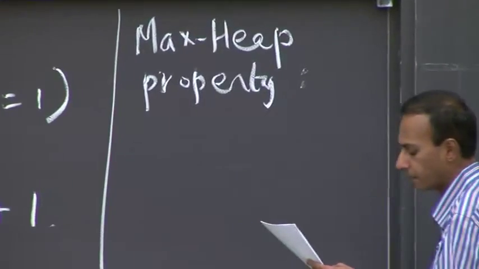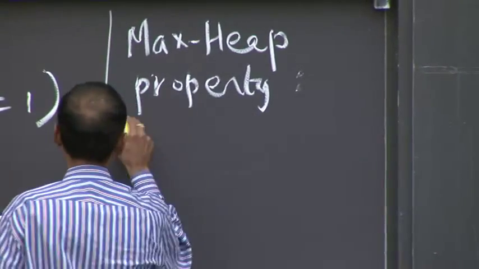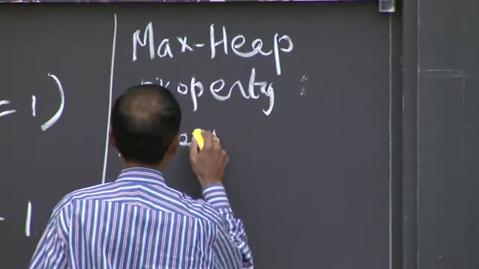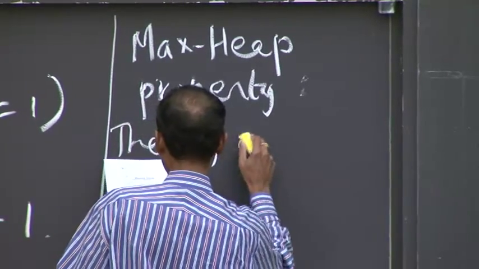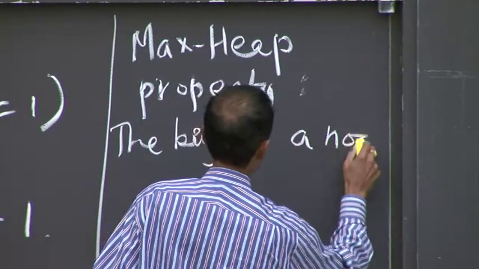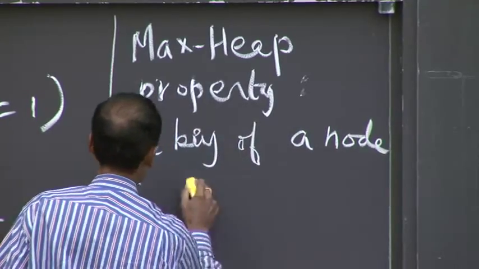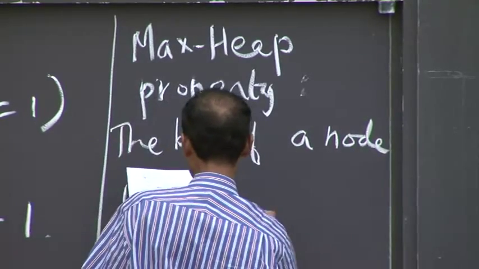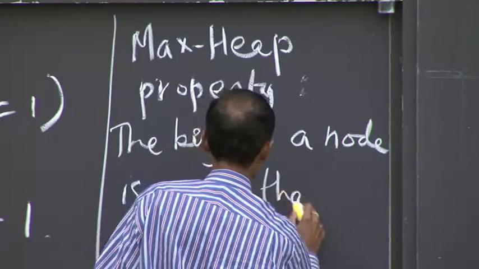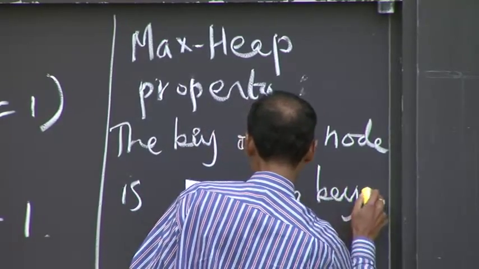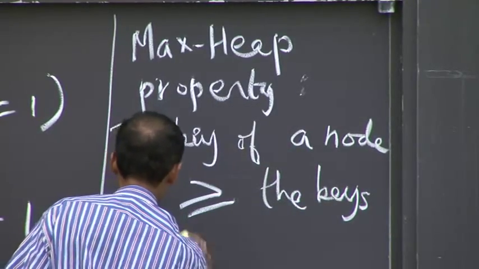The max heap property says that the key of a node is greater than or equal to the keys of its children.